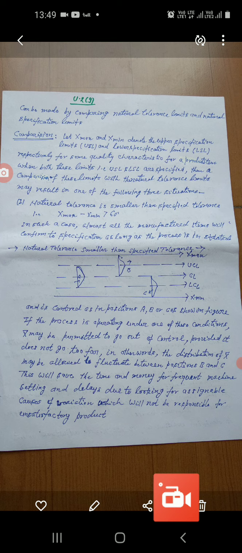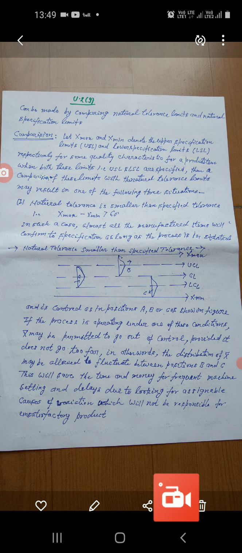If the process is operating under one of these conditions, then X bar may be permitted to go out of control, provided it does not go too far. In other words, the distribution of X bar may be allowed to fluctuate between positions B and C.